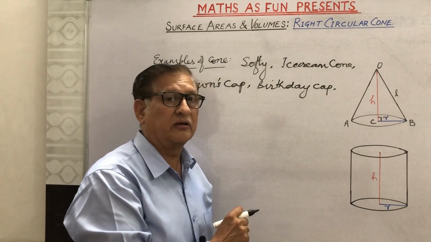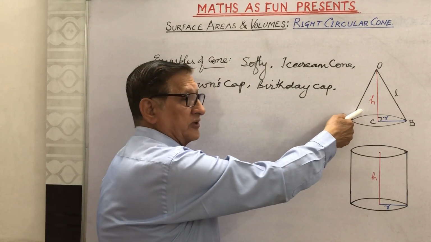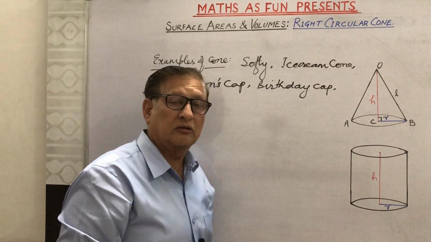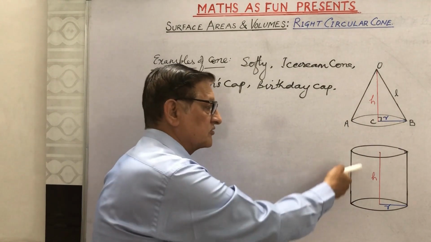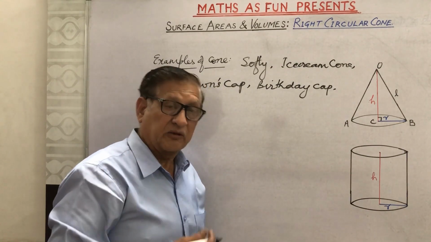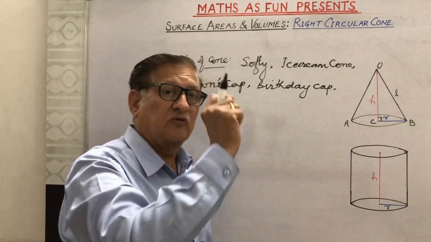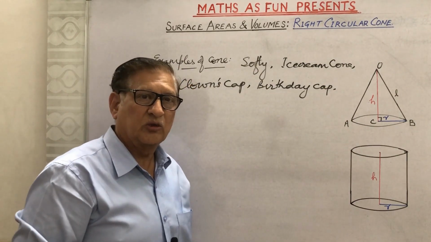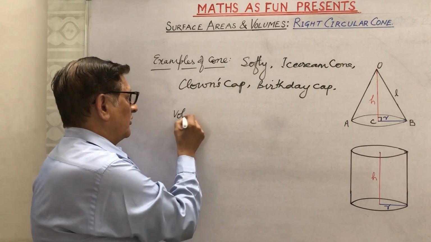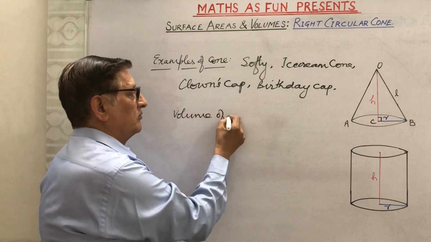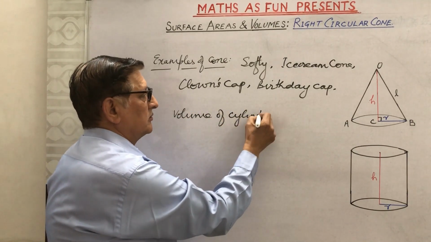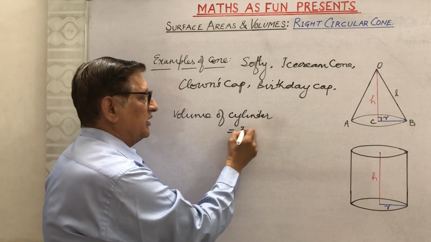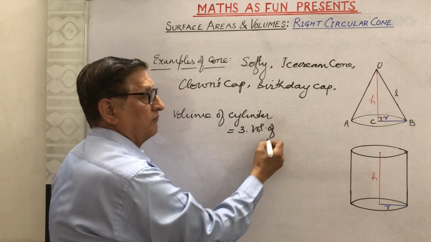Then what we find, when we empty this conical vessel 3 times in this cylindrical vessel, then it is filled completely. It means what? It means the volume of cylinder is 3 times the volume of the cone. So we can say volume of cylinder is equal to 3 times the volume of cone.